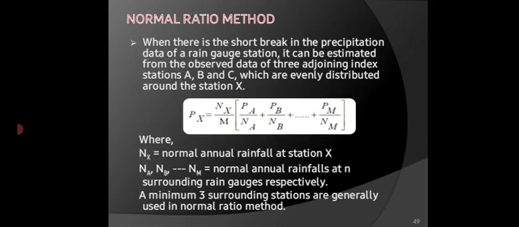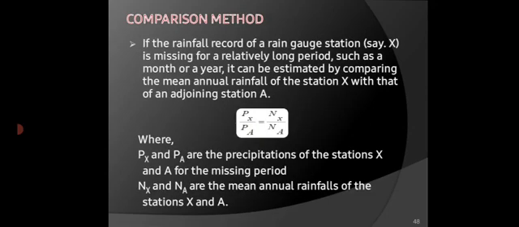N is the normal annual rainfall, meaning how much rainfall falls in a year at a particular rain gauge station. A minimum of 3 surrounding stations are generally used in the normal ratio method. So for the normal ratio method, we require at least 3 nearby rain gauge stations, while in the previous method we want 1 nearby station record.